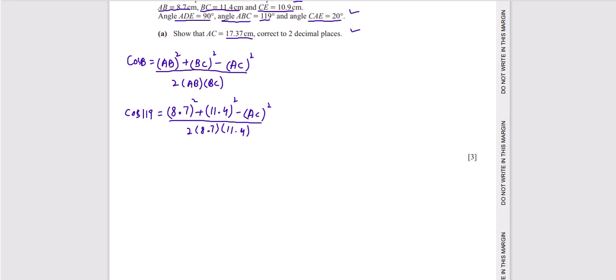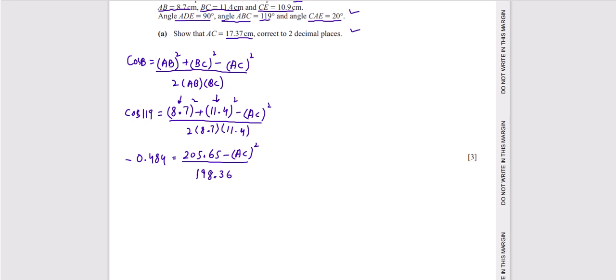Cos 119 is equal to minus 0.484, is equal to taking the square of these values and adding up, we get 205.65 minus AC square. Multiply these values with each other, we get 198.36.